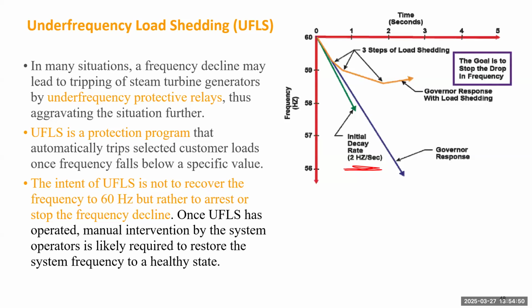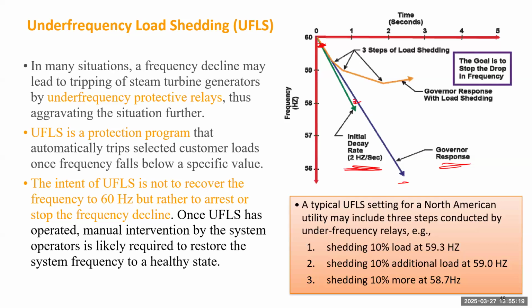Even if you have some governor, the governor will only respond when the frequency is under some dead band. So it only changes this slope a little bit, only making the line slightly curved. But after 1 second, you still can have the frequency drop to be very, very bad. So you need to take several steps of load shedding.